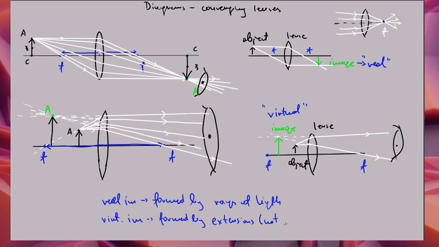Right, so there's really nothing in here. Okay, so you have the two types of diagrams for the converging lens.